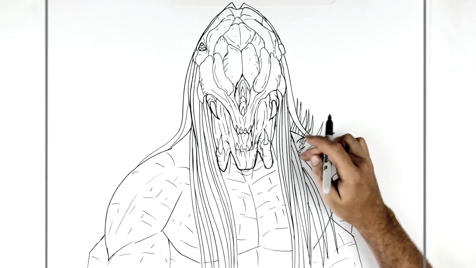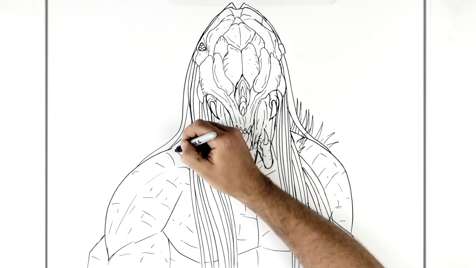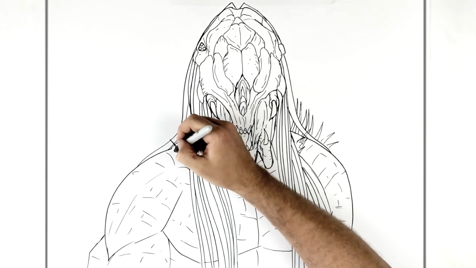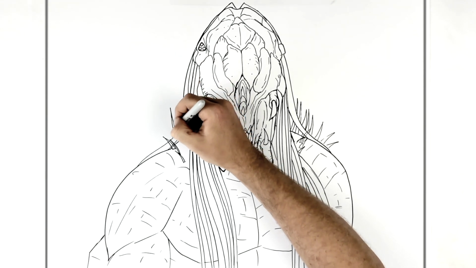Just there, and they'd be colored like black or dark gray. So just coming up this way as well. A couple of these here. And then out the back.